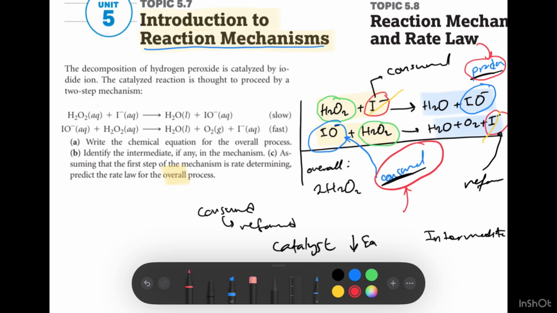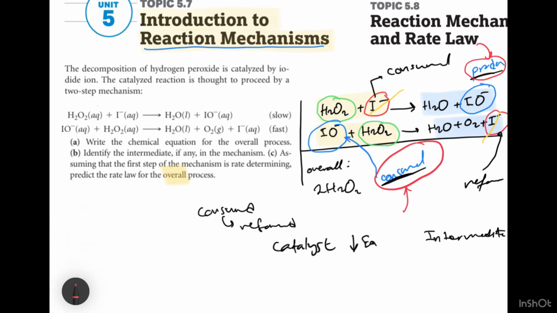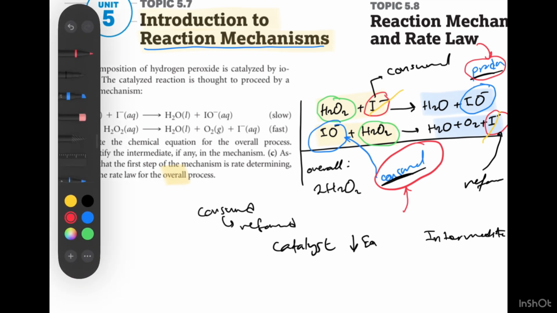So what we conclude from this part so far is that the I negative is a catalyst, and that's why it's cancelled out. In addition, IO negative is an intermediate.